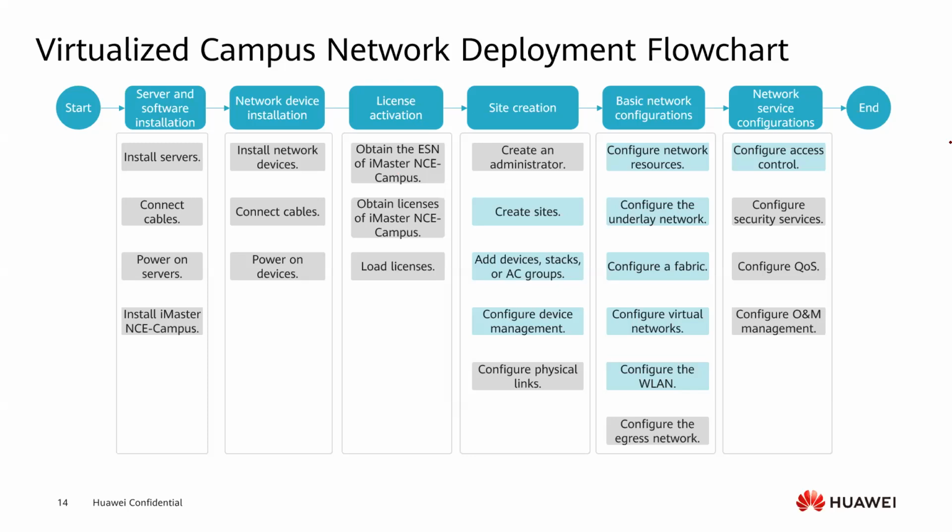And in this slide, we only start from this step. When you have powered on all of the devices and already installed the controller, on the controller we need to create the sites and then manage all of the devices and do the deployment. So we will just go through the blue steps on this slide.